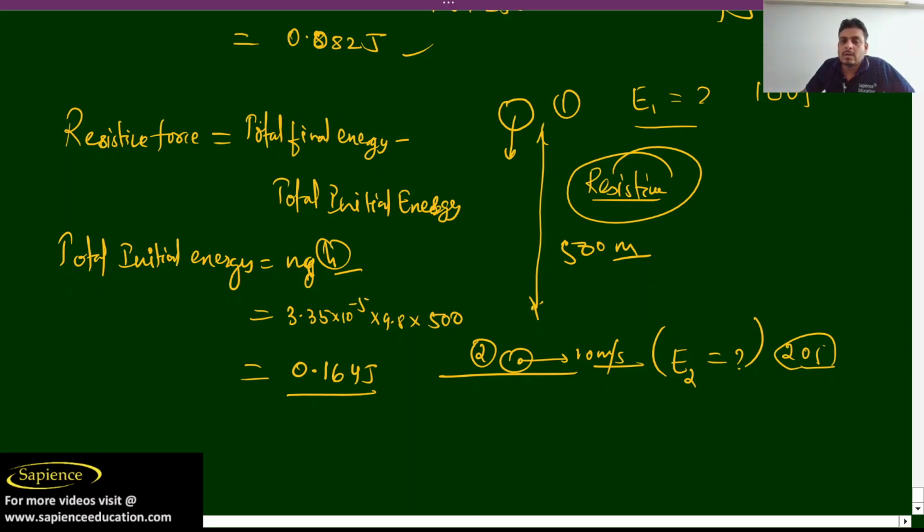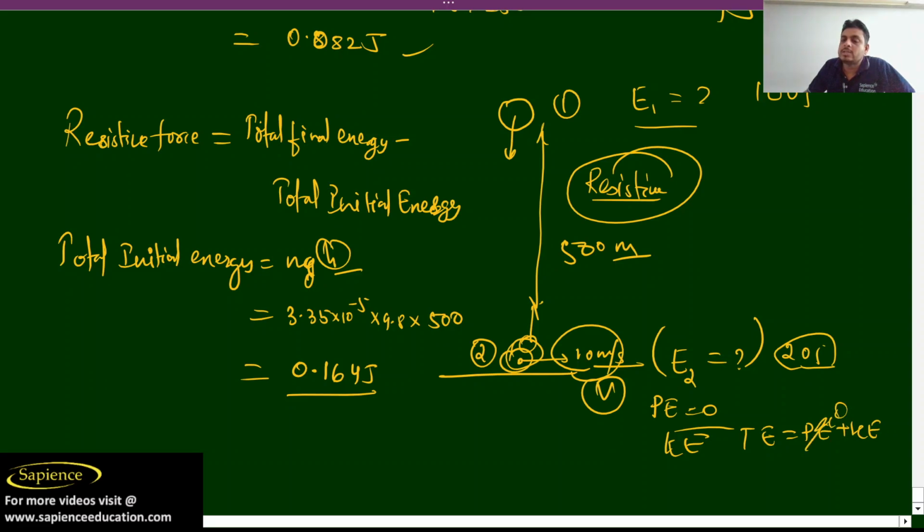Okay, now let us talk about total final energy. As the raindrop reaches the ground, before it strikes, it has velocity. It means that potential energy is zero, but it has kinetic energy. Total energy is equal to potential energy plus kinetic energy, right?